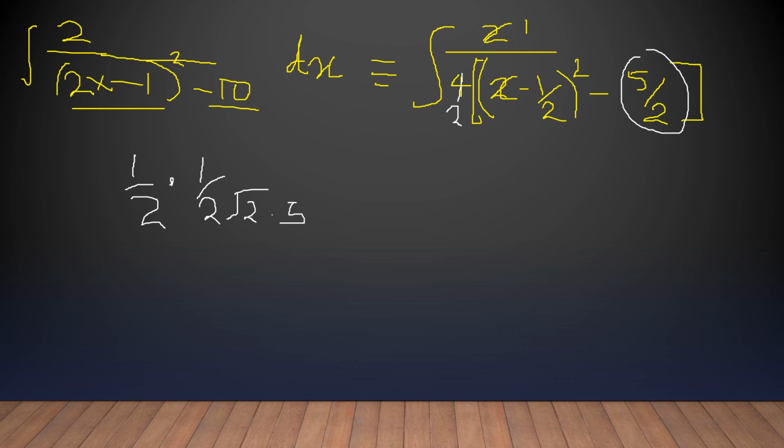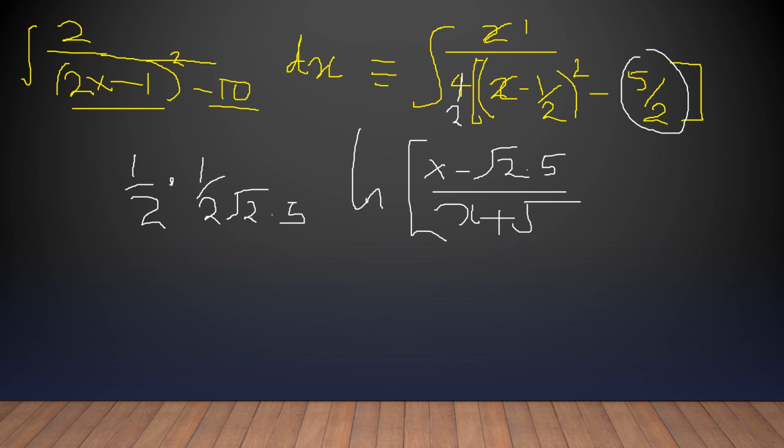If it's 2.5, and then you introduce the plus or minus, it will be x minus square root of 2.5 over x plus square root of 2.5, and of course we add a constant.